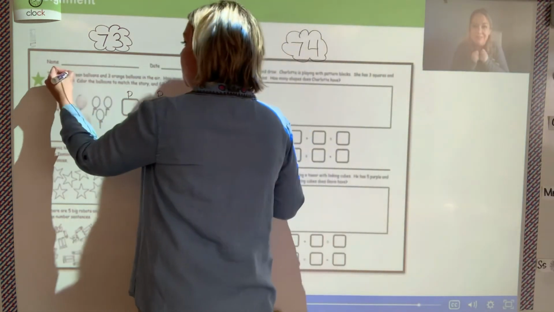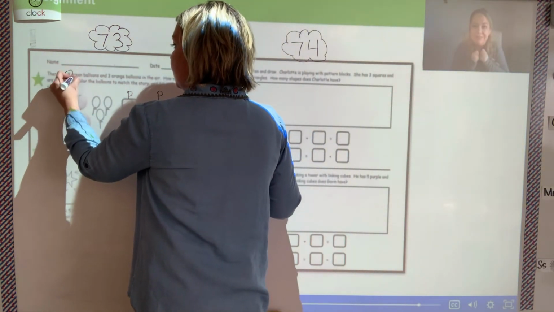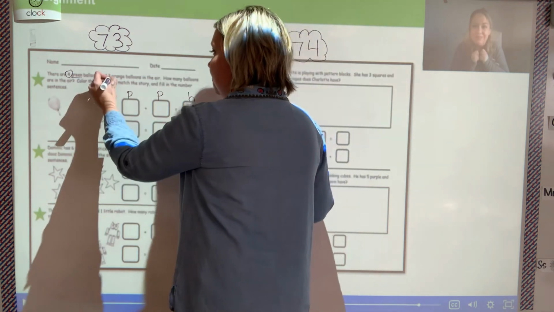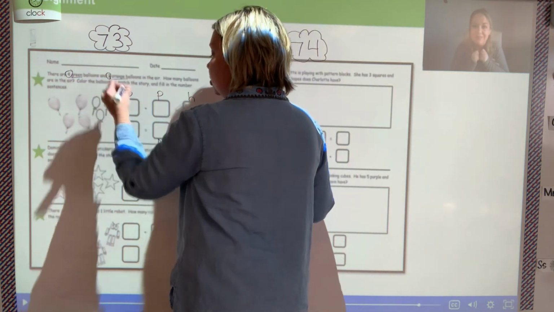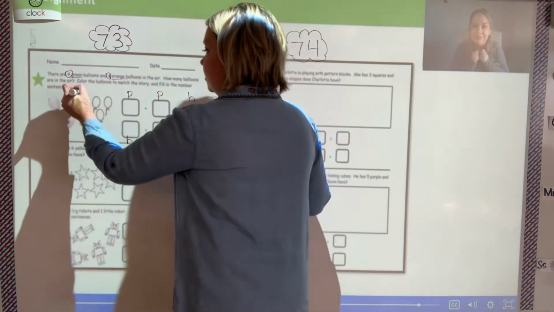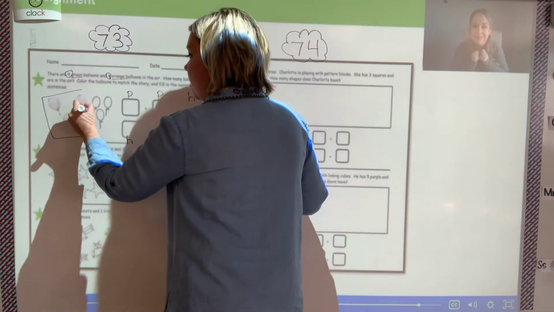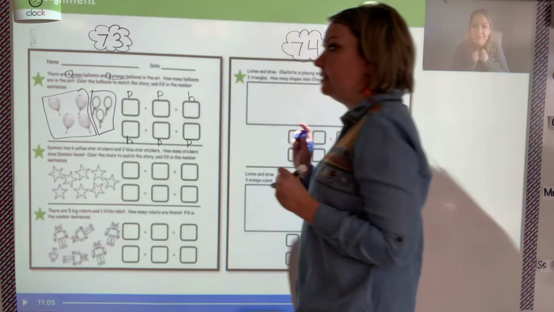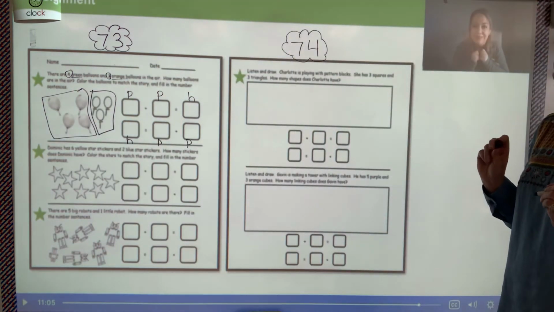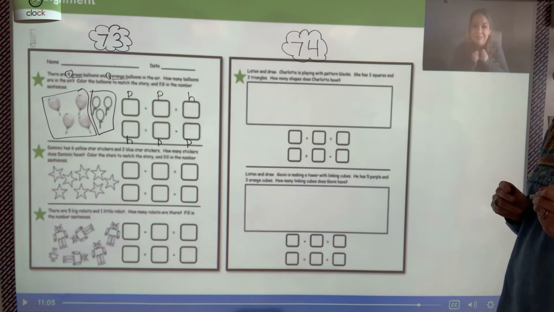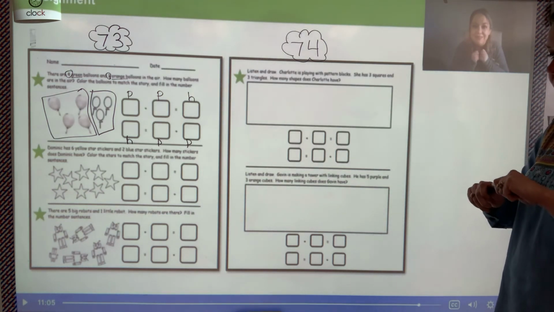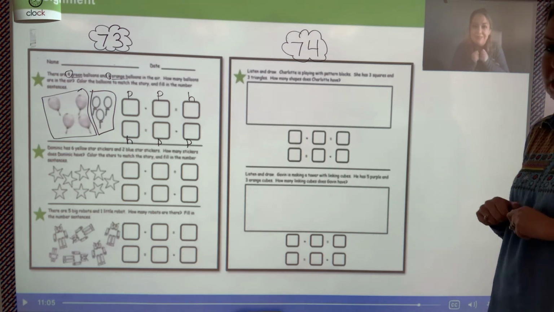There are 4 green balloons and 3 orange balloons. So I could color them, or I could show the 2 separate parts by doing this, right? Fill in your number sentence, then raise your hand when you're ready to share it with me.